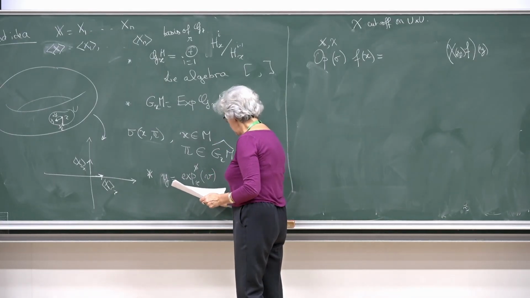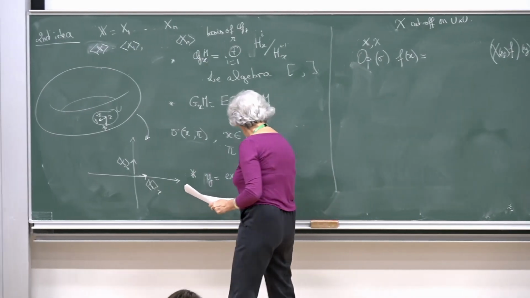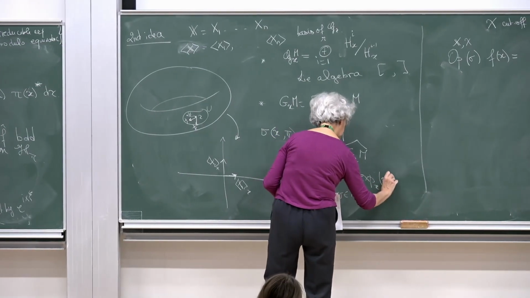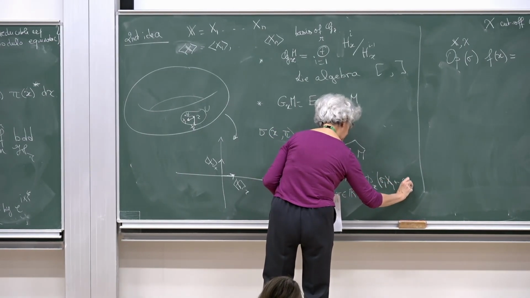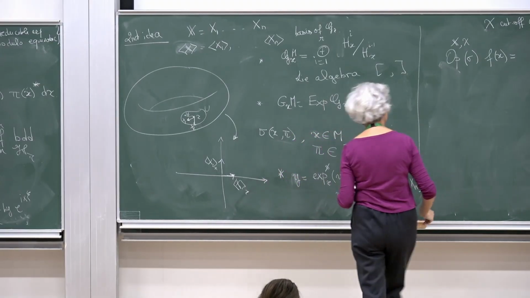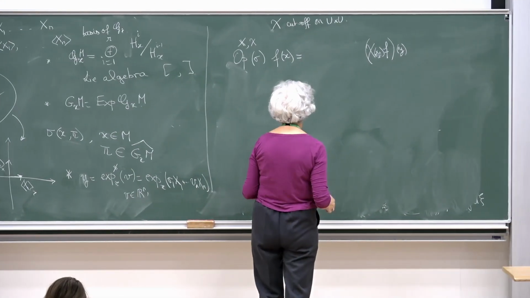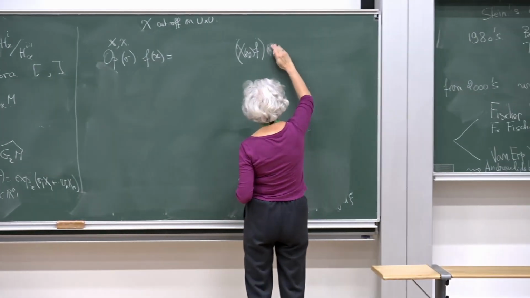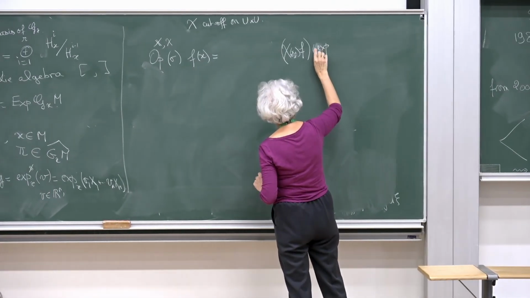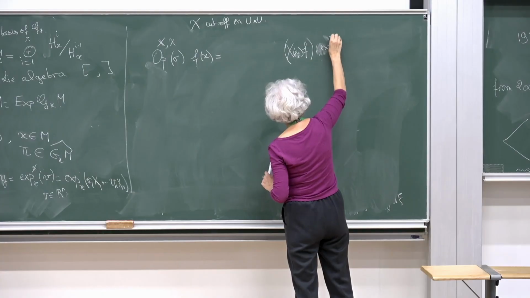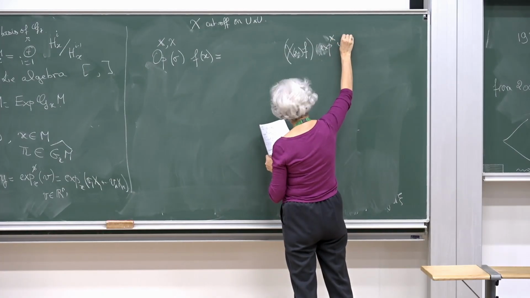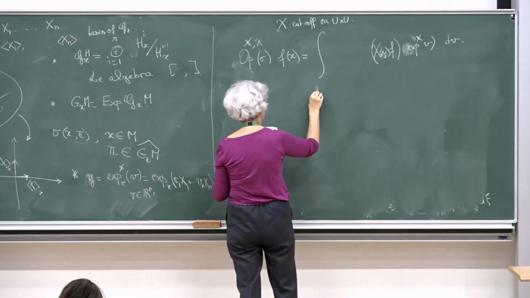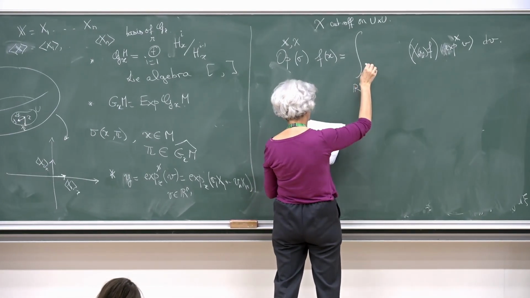So v is in R^n. What I mean here is that this is the exponential map of v1 X1 plus ... plus vn Xn. So I have this map, which allows me to identify my points thanks to this sort of coordinates. They play the role of the coordinates. And I integrate over R^n because v is in R^n.